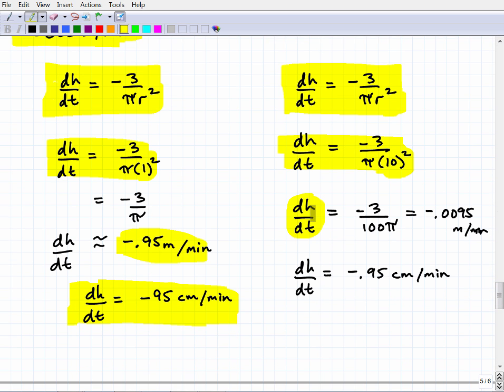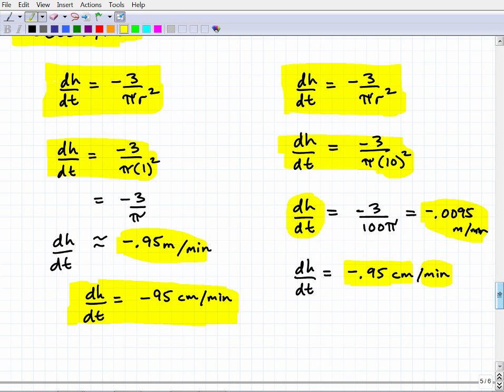And when we do all the math here, we end up getting negative 0.0095 meters per minute. When we convert from meters to centimeters, this is equivalent to not even 1 centimeter per minute. It's negative 0.95, not 95, close to 1 centimeter per minute.